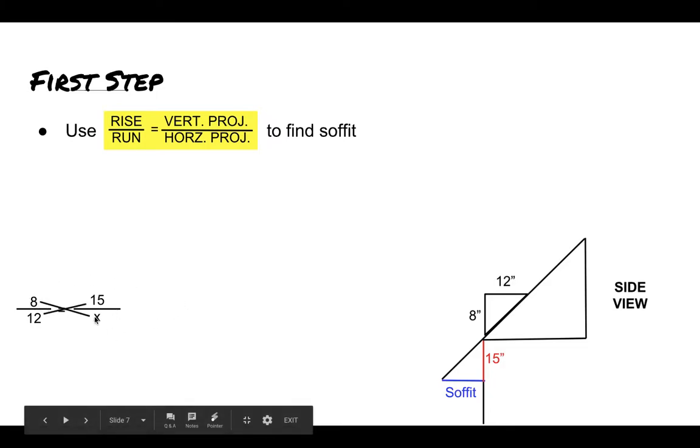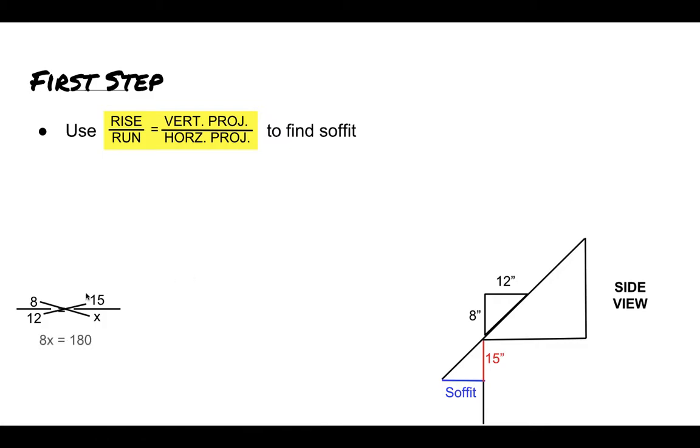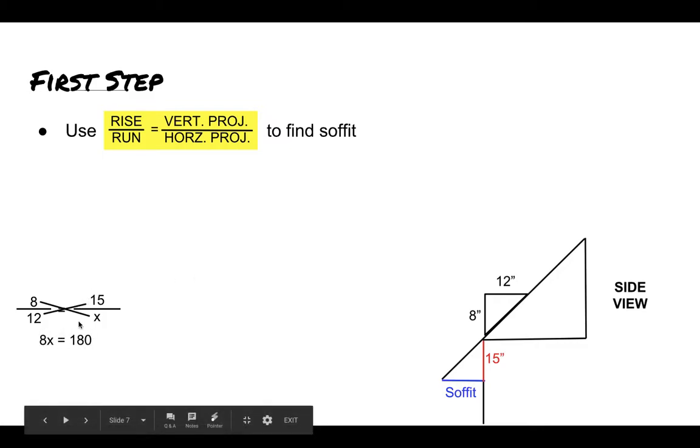Now we must cross multiply. After cross multiplying, we will get 8x equals 180. Now you must divide both sides by 8. When doing this, the left side will cancel out and we will be left with x equals 22.5. Now remember, the soffit is in inches, so our soffit is 22.5 inches.